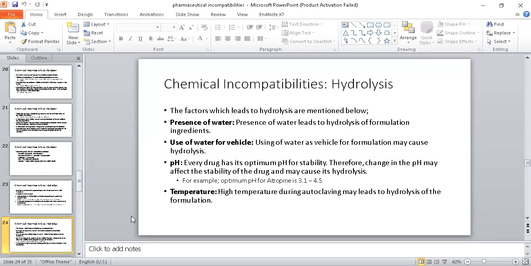Therefore, change in the pH may affect the stability of the drug and may cause its hydrolysis. For example, the optimum pH for atropine is 3.1 to 4.5. Temperature: high temperature during autoclaving may lead to hydrolysis of the formulation.